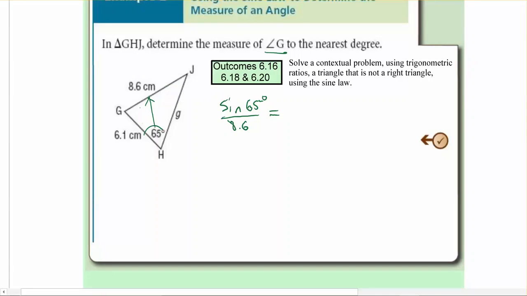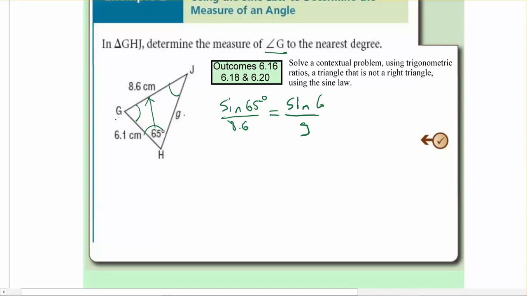So remember, the goal here is G. What we've got to find first is J, because if we fill this in, I'm going to have sine 65 over 8.6 is equal to sine G over g, right? Because we don't know either of those.